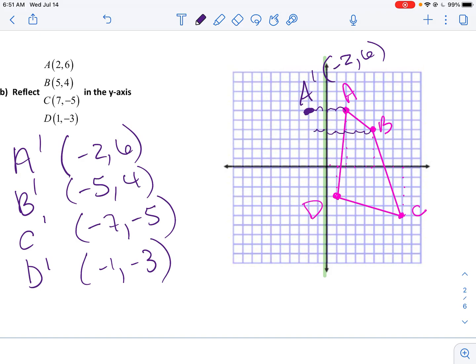So I go over 1, 2, 3, 4, 5. That's B prime. So that's negative 5, 4 up. It came out to be exactly the same.